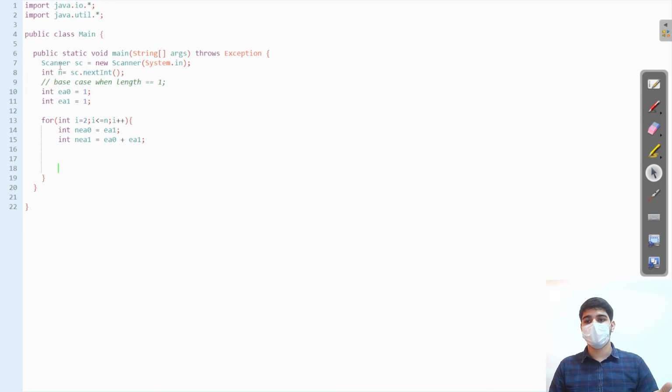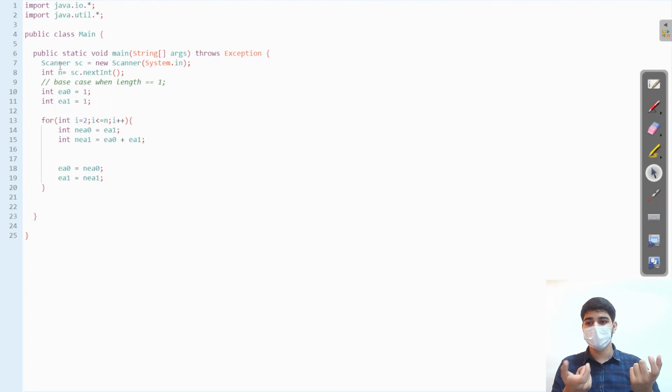After assigning values to these two variables, what I have to do is relocate the value to the old variable. So my ending at 0 would become new ending at 0, and my ending at 1 would become new ending at 1, right? And after this for loop, my answer would reside in ending at 0 and ending at 1.